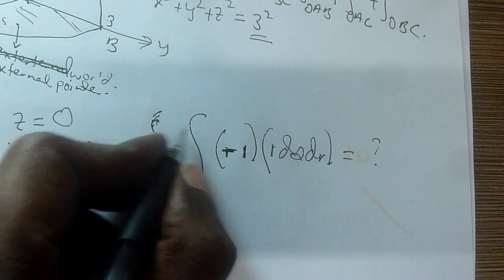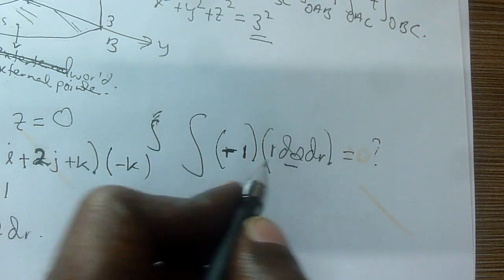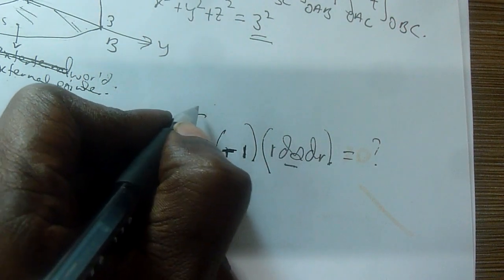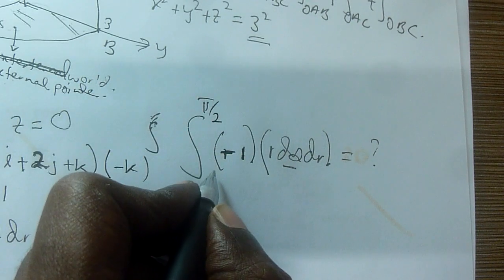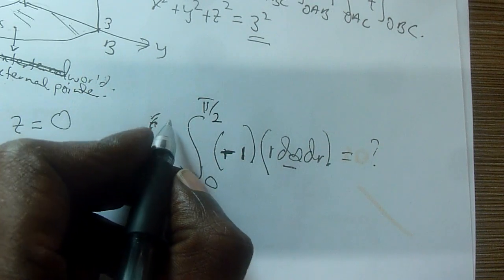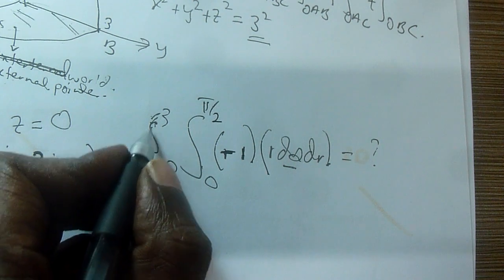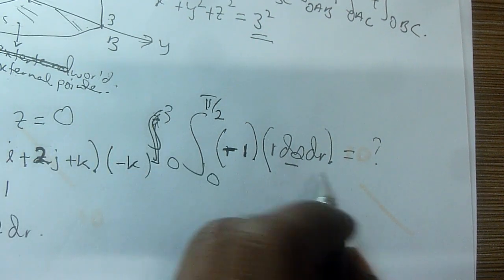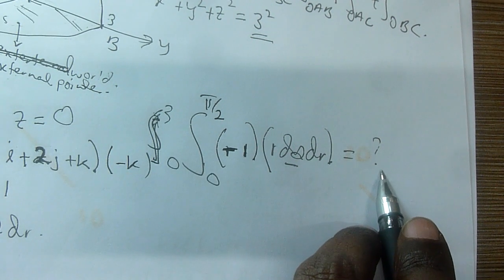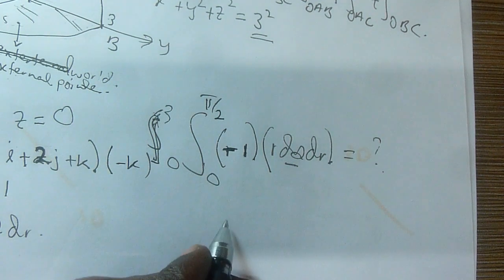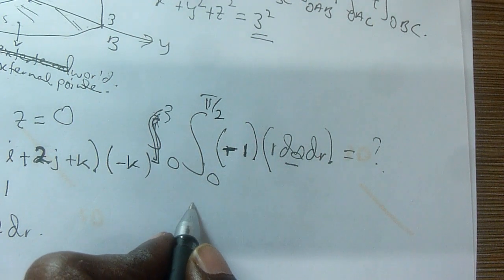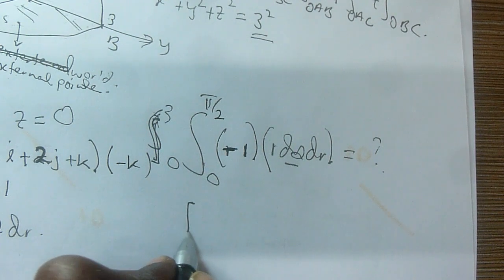What is this first? θ, of course we know, π/2 to 0. This is r. Can we find out this? Can. That means r, θ is not there.